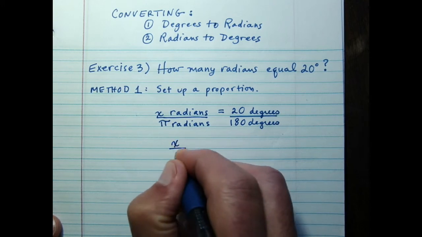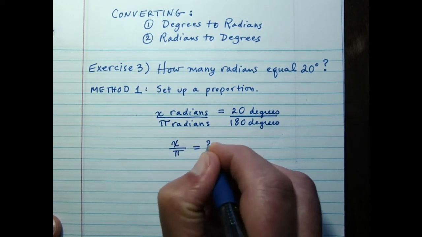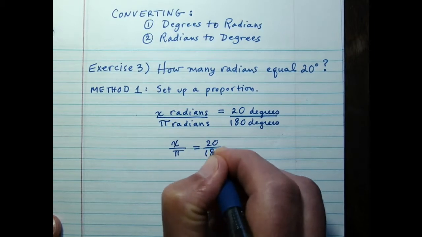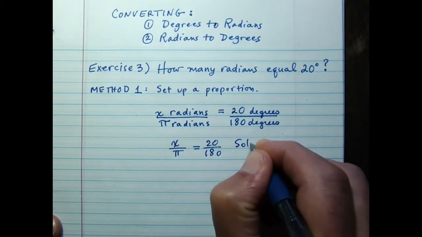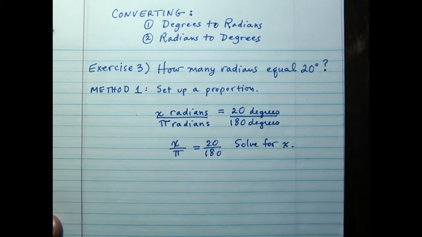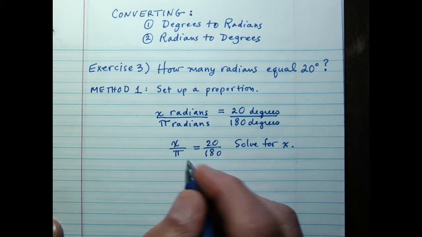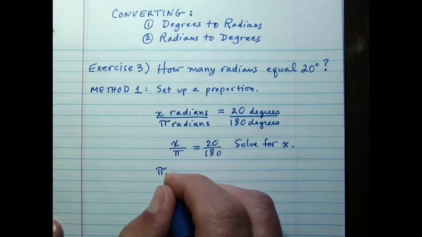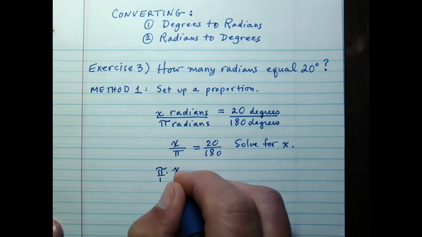I just have x over pi equals 20 over 180, and I'm going to solve for x. And so setting up a proportion, I think, is pretty cool once you get the hang of it. And here I can solve by multiplying both sides by pi, or pi over 1.